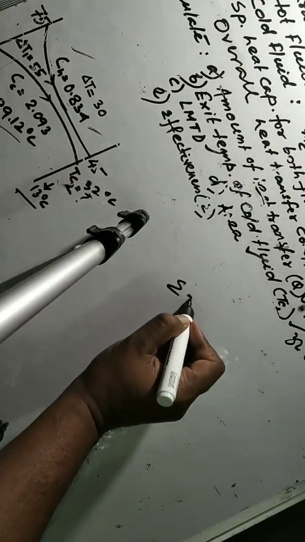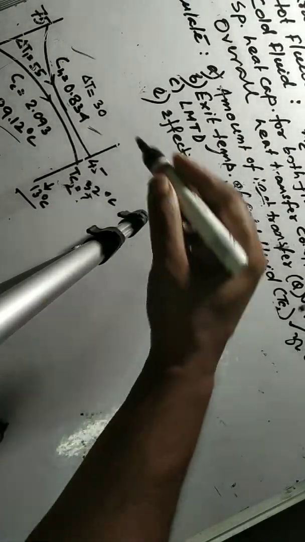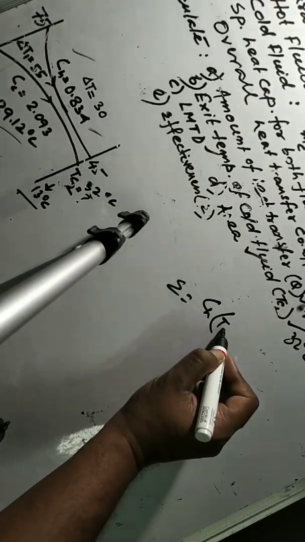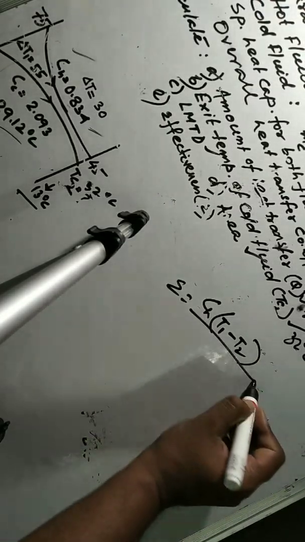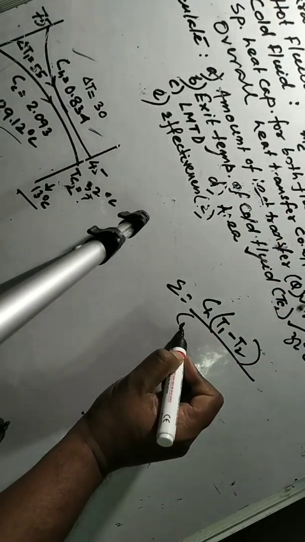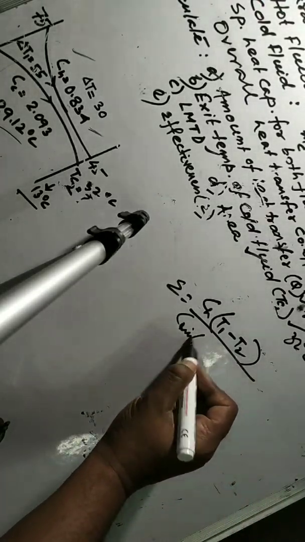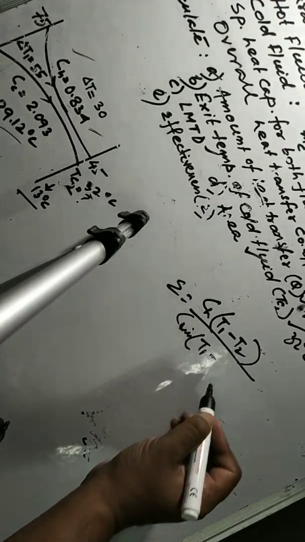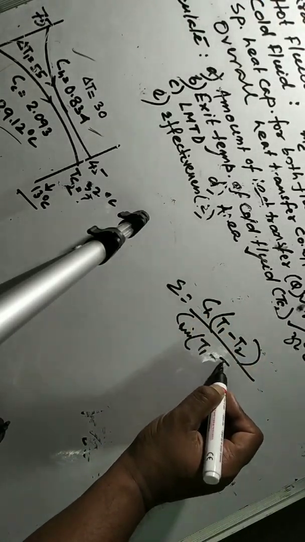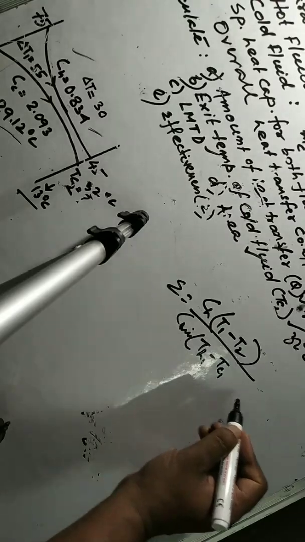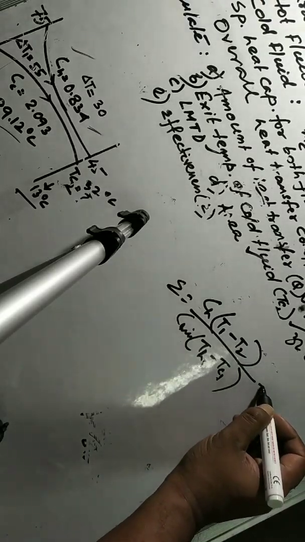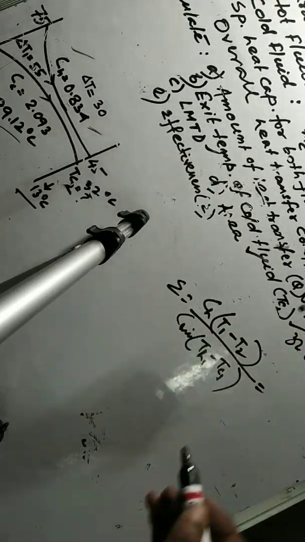If actual heat transfer I will take from hot fluid, for hot fluid how much temperature it lost, for cold total temperature, maximum is T1 minus TC1, highest minus lowest, so that will be the maximum heat transfer. So you can say what is CH.